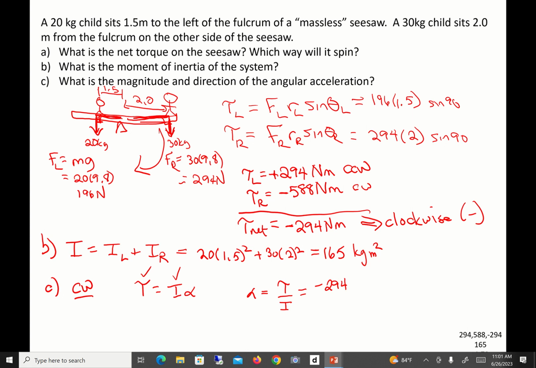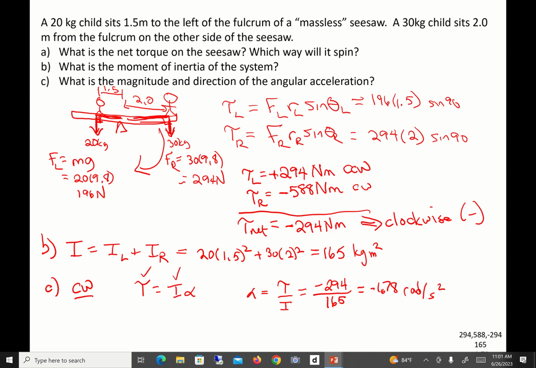We're going to put in the sign if we want to get the direction. So minus 294 divided by the moment of inertia, which is 165. And I get negative 1.78. The units for alpha are radians per second squared. The negative sign again tells me that it's going to be clockwise.